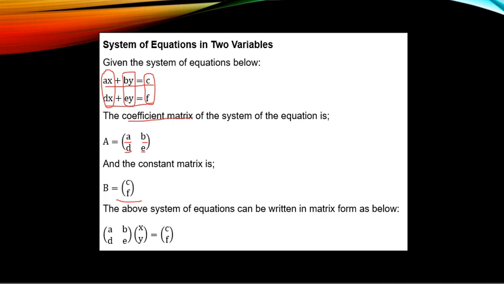In matrix form, the coefficient matrix multiplies the variables x and y, and is equal to the right hand side, that is the constant matrix. The coefficient matrix multiplied by the variables equals the constant matrix.